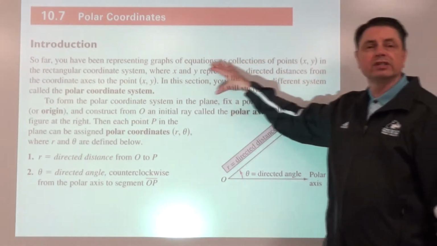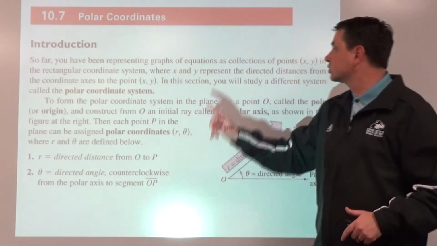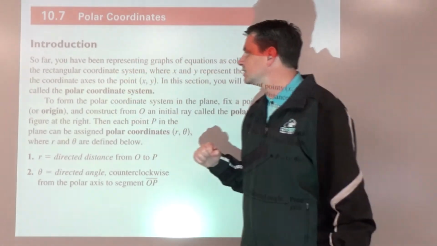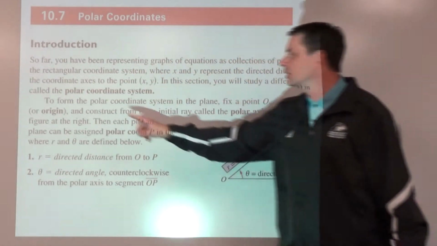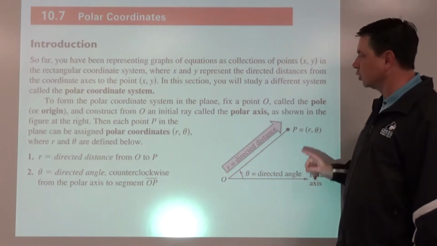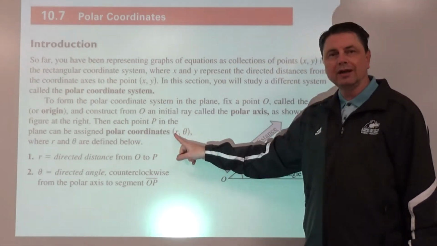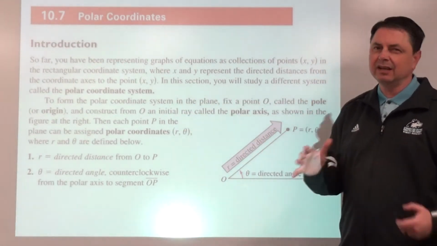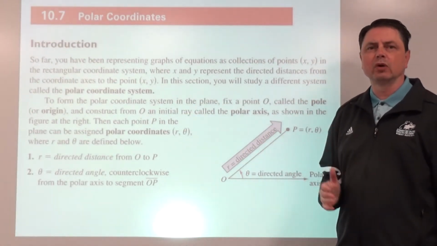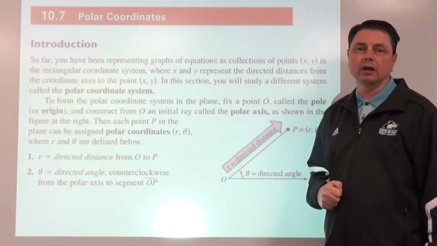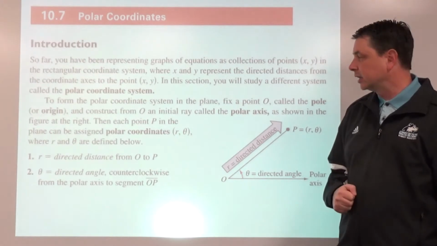As it says, most of the time we represent our coordinates in terms of x and y, which is the rectangular coordinate system. Now we're going to take a look at the polar coordinate system, where our polar coordinates are r and theta. This time r is a directed distance, kind of similar to how we were thinking of p in terms of parabolas, in terms of the conic sections.